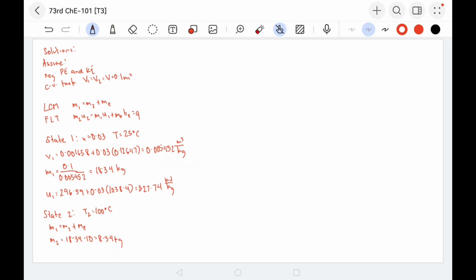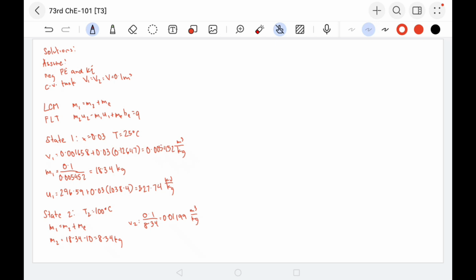Since we know that the volume of 0.1 cubic meter is constant, we can get the specific volume for state 2. So V2 is equal to 0.1 over 8.34 to get a value of 0.01199 cubic meter per kilogram.